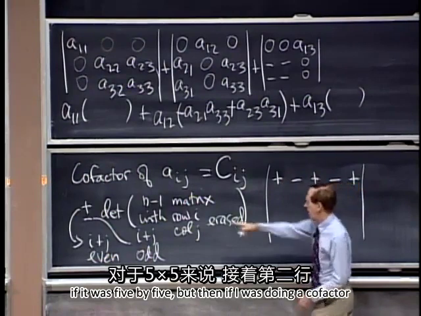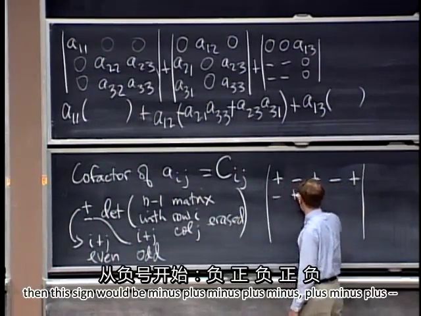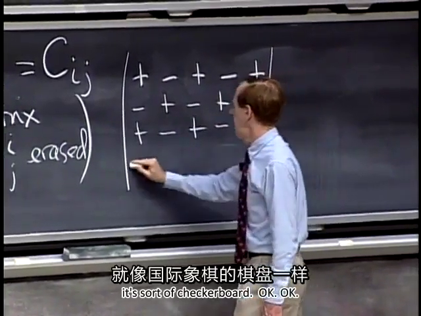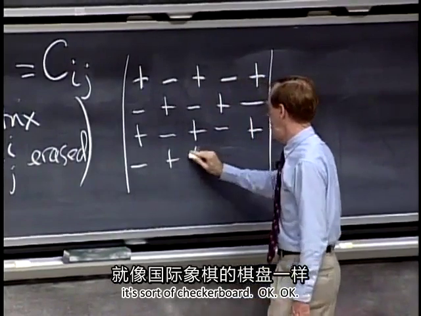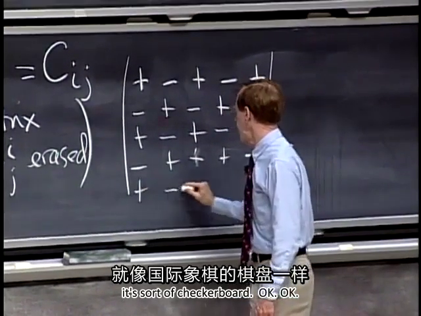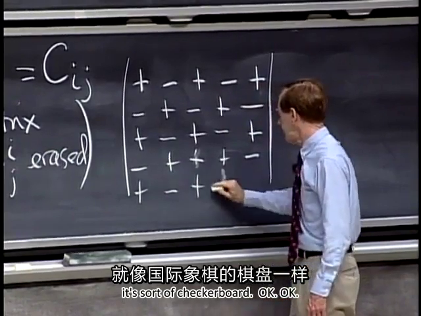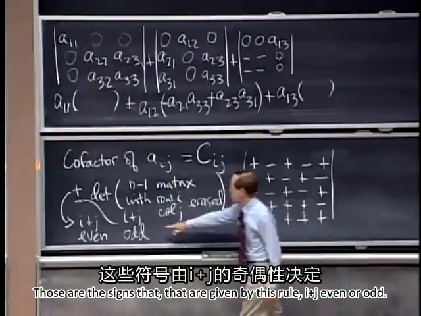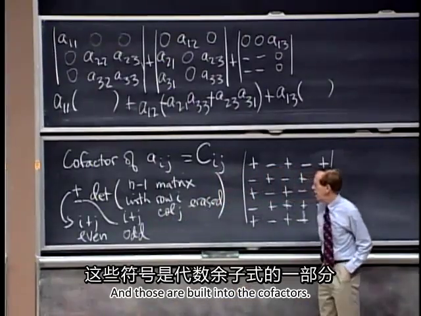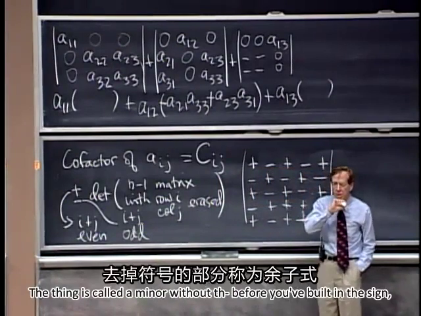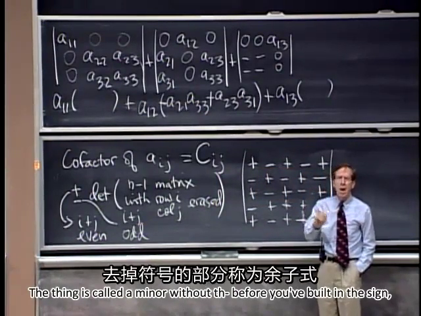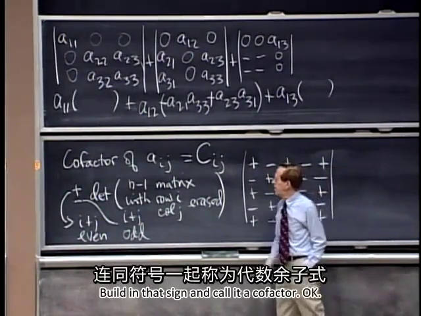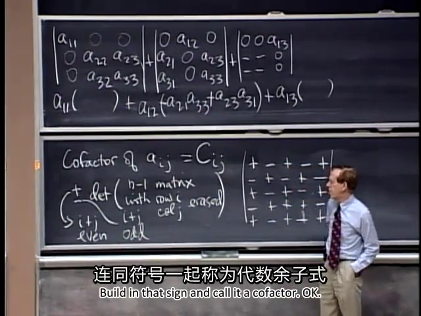But then in the next row the signs would be minus, plus, minus, plus, minus. It's sort of a checkerboard. Okay, those are the signs that are given by this rule, i plus j, even or odd. And those are built into the cofactors. The thing is called a minor before you've built in the sign, but I don't care about those. Build in that sign and call it the cofactor.